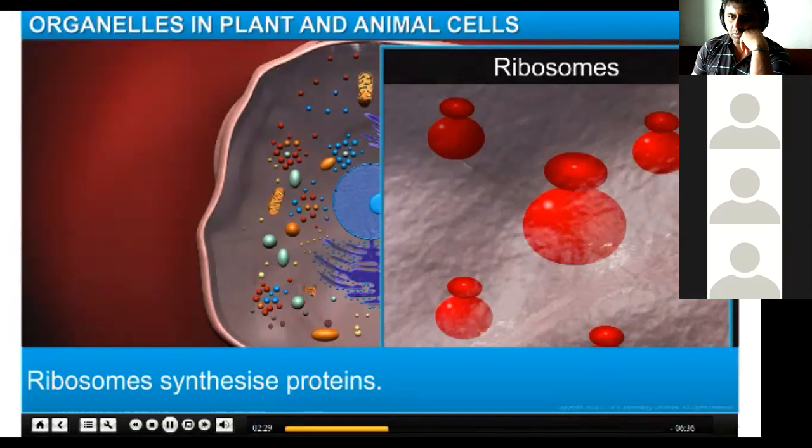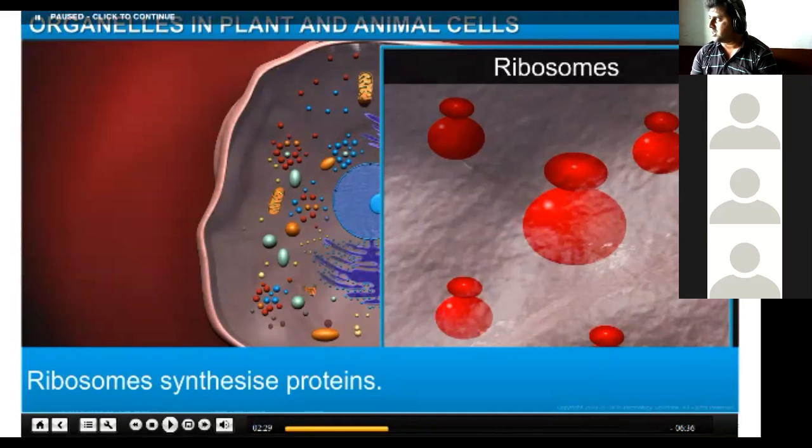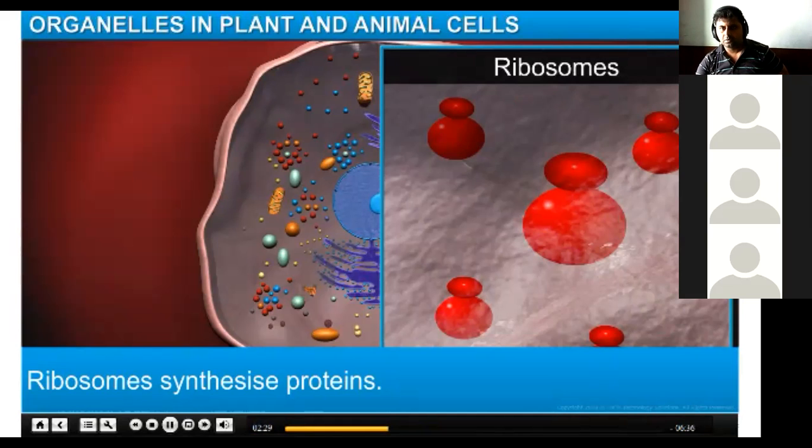Ribosomes synthesize proteins. Take down this point: ribosomes synthesize proteins.